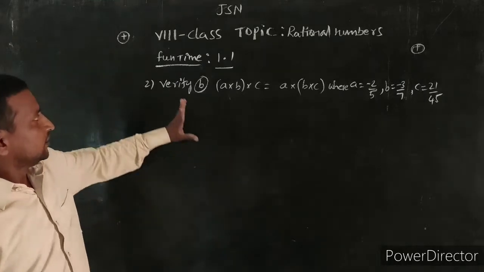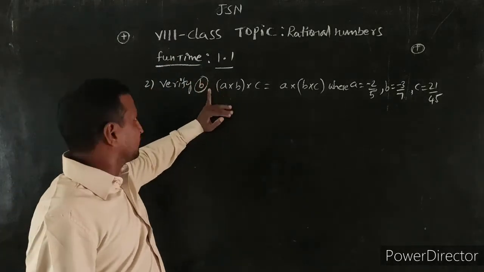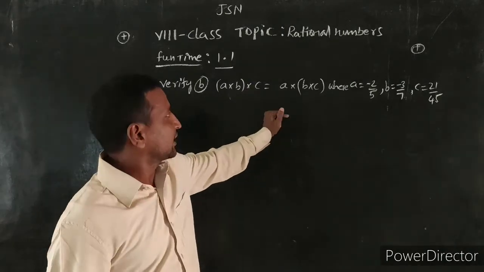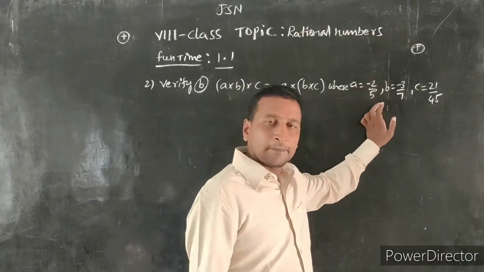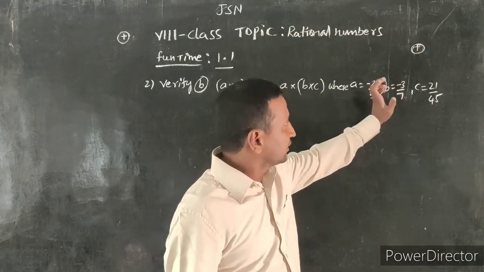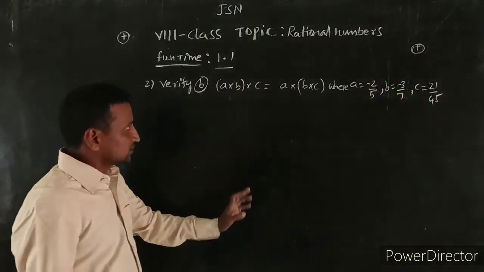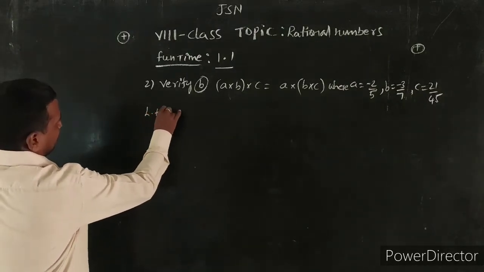Okay, verify the associative property: bracket of A into B, bracket close into C, equals A into bracket of B into C, where A equals minus 2 by 5, B equals minus 3 by 7, and C equals 21 by 45. First, complete the LHS.